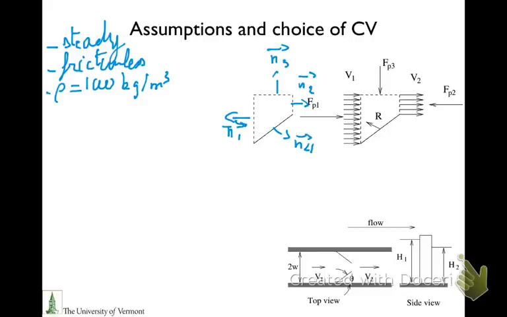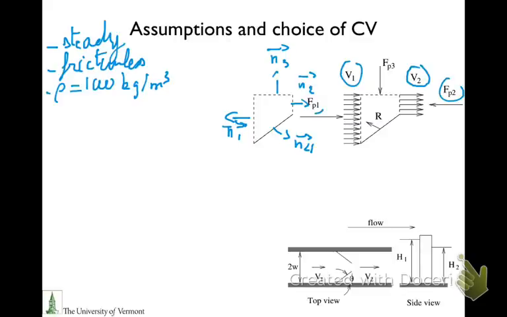And I can already list all the forces. So in terms of forces, I will have the force exerted by inertia, V1, and the force exerted by inertia at the exit, V2, then the force of pressure. So what is that force of pressure?